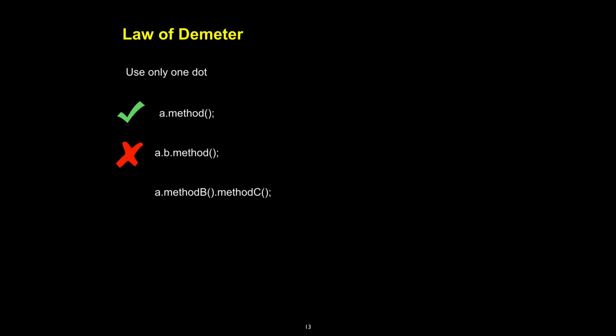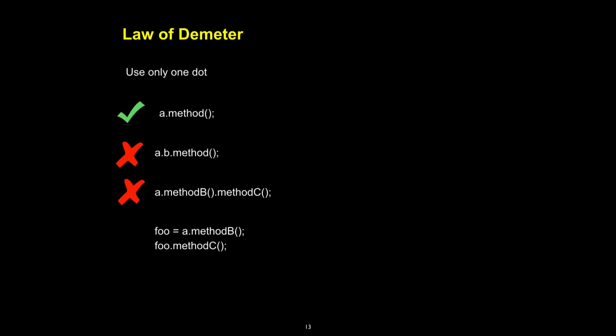Then there's this, where you call a function and a method and you call another method. The same problem is, what does method B return? And then we're coupled to whatever that is. So yeah, this violates the law of Demeter. Again, we can do this.